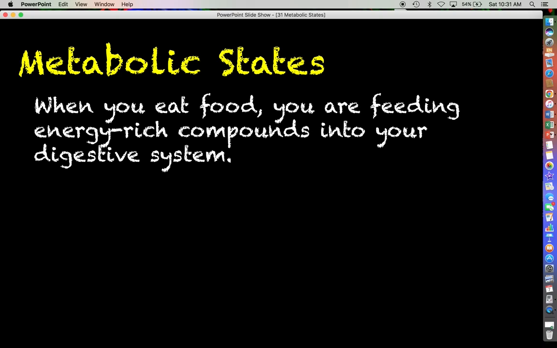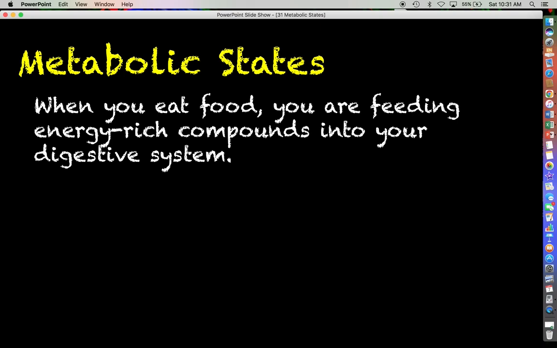Okay, so one of the fundamental realities for all living things, not just humans, is that we need energy to survive. We need energy to power our metabolic reactions and allow us to do all the sorts of active processes that we go about throughout our day. So we also know from a chapter 1 lecture that one of the fundamental needs of the human body is food. We need nutrients.